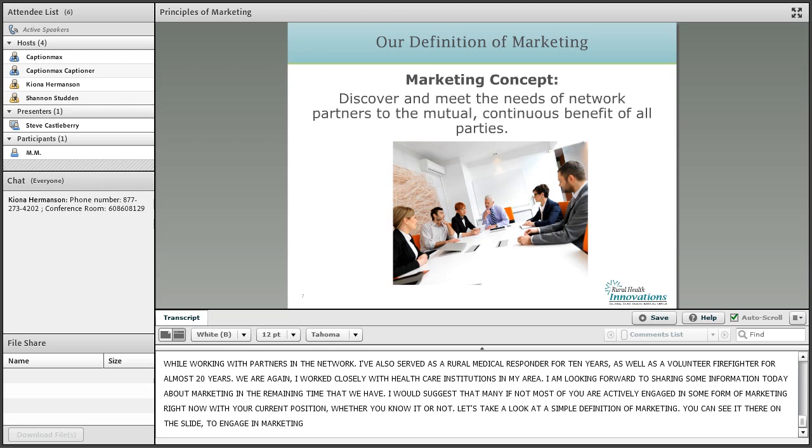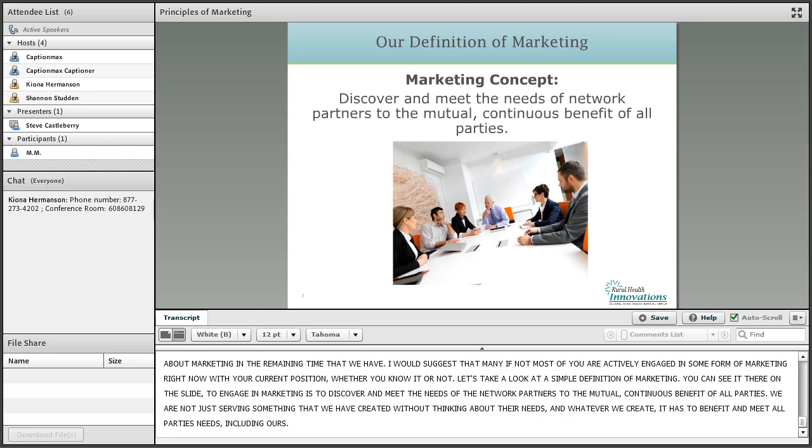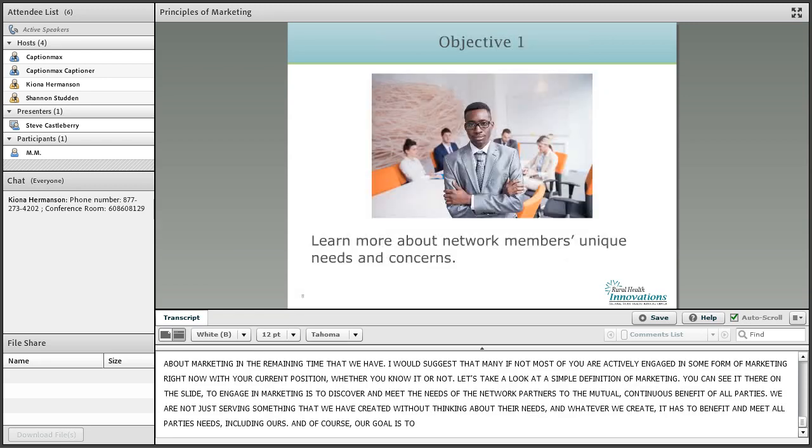To engage in marketing is to discover and meet the needs of the network partners to the mutual continuous benefit of all parties. So we're not just serving up something that we've created without thinking about their needs. And whatever we create, it has to benefit and meet all parties' needs, including ours. And of course, our goal is to benefit continuously and not just today.